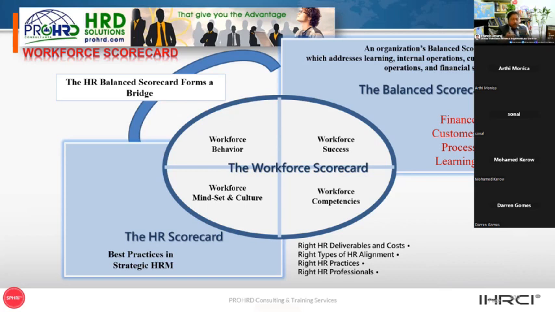Organizations will often begin by identifying one business outcome, the workforce success, and then examining the relationship between the business outcome and a single leading indicator in the workforce scorecard. Like the leading indicator I told you about, leadership competency, for example, is very, very important, crucial.